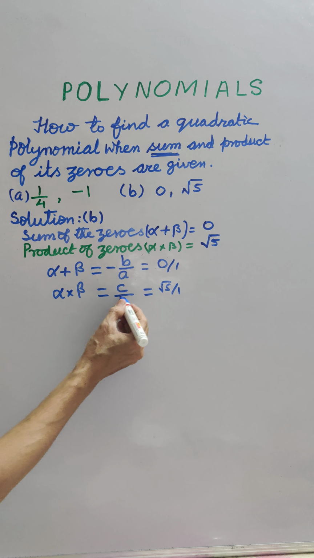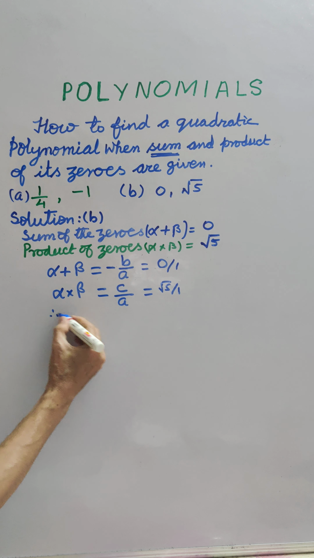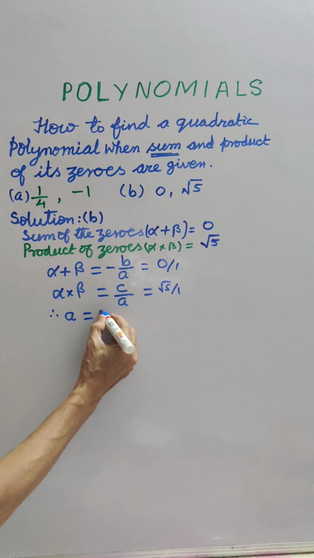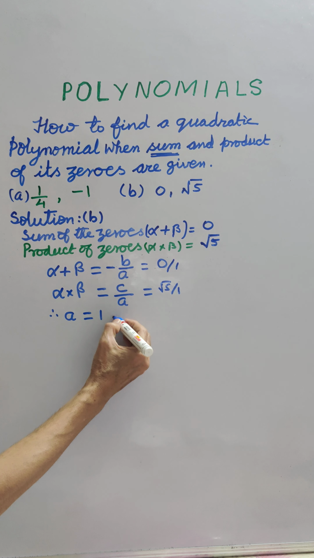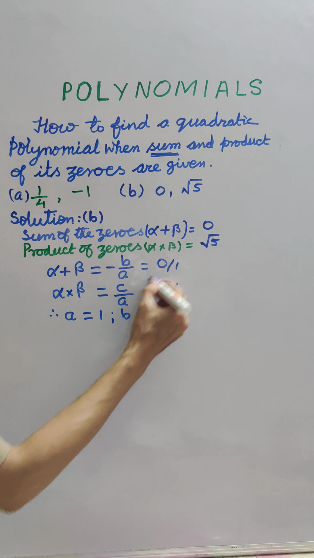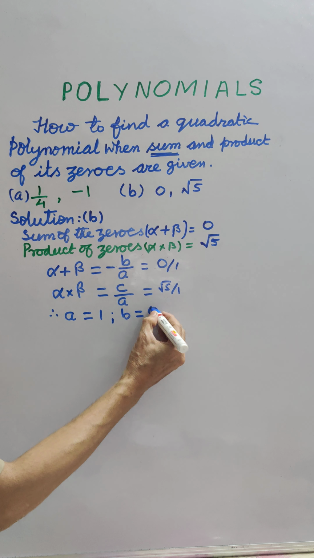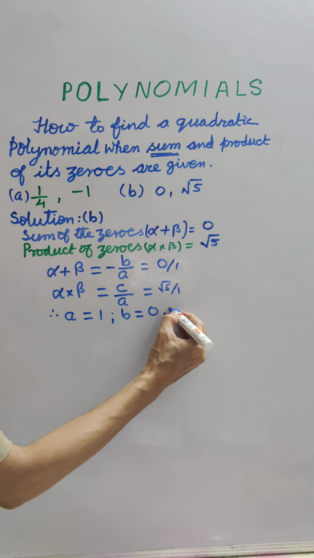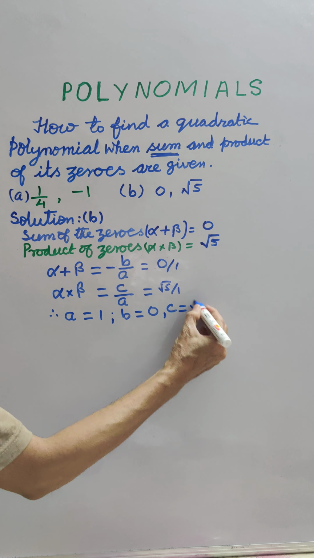This way, the value of a is 1. Therefore, a is equal to 1 and b is equal to 0. C is equal to root 5.